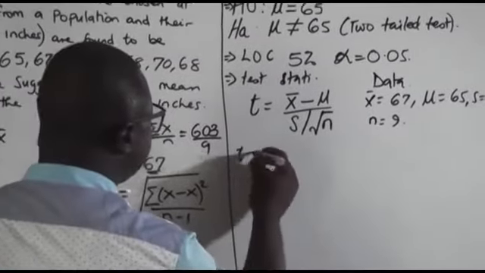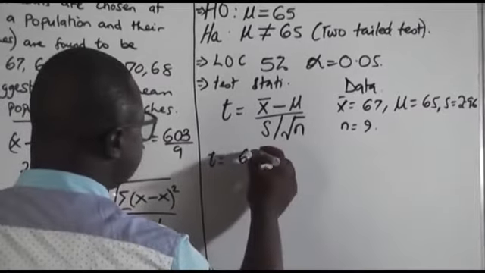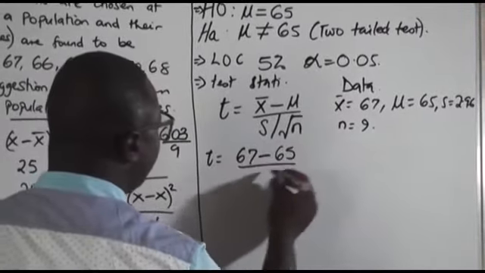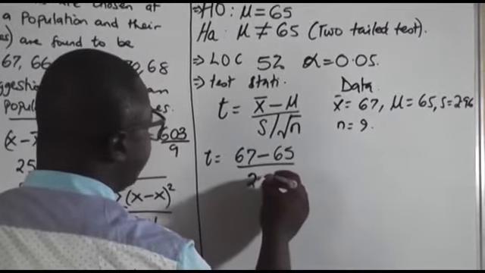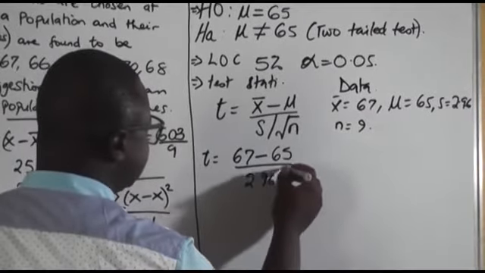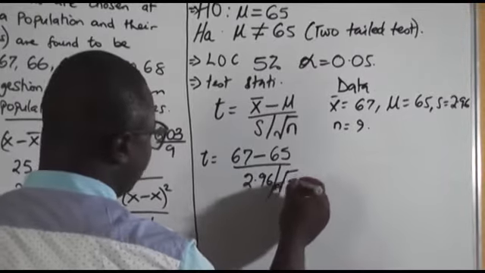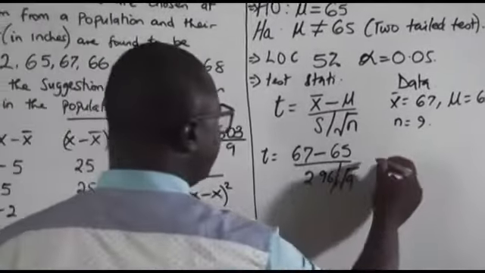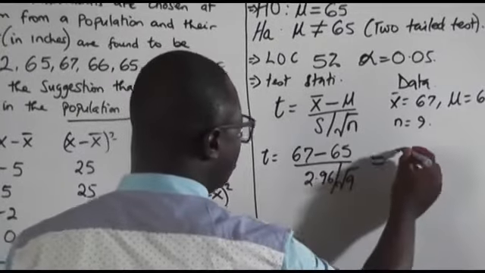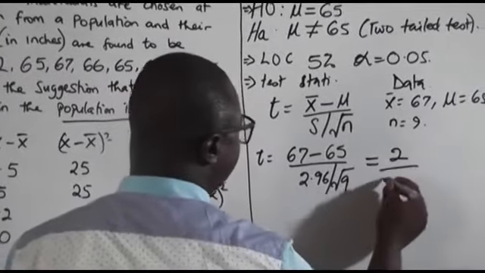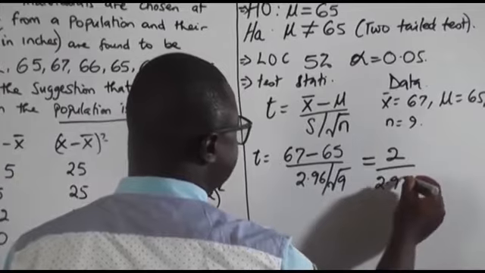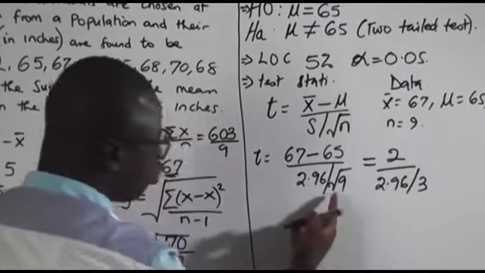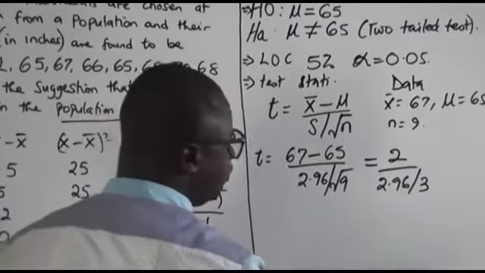So we have T is equal to 67 minus 65, all over 2.96 divided by the square root of 9. Are we together? Then if you go this way, this will give you 2 divided by 2.96 divided by 3, because the square root of 9 will give you 3.